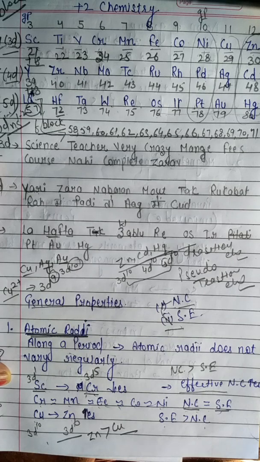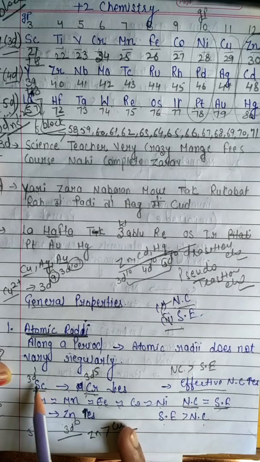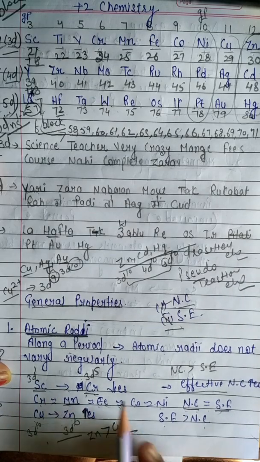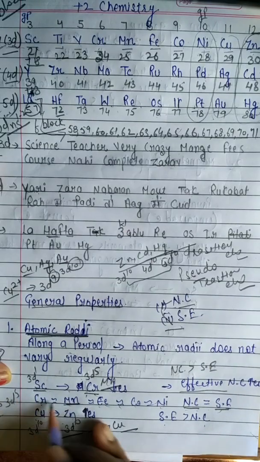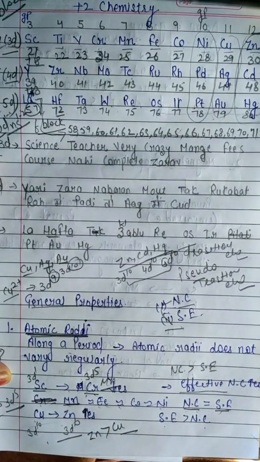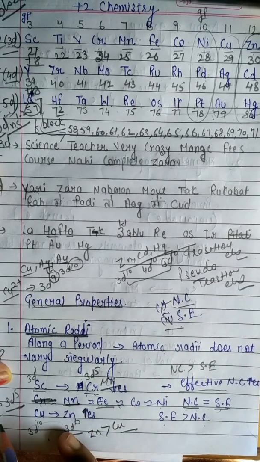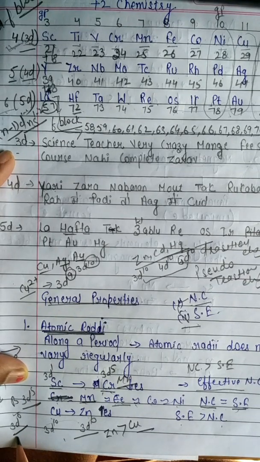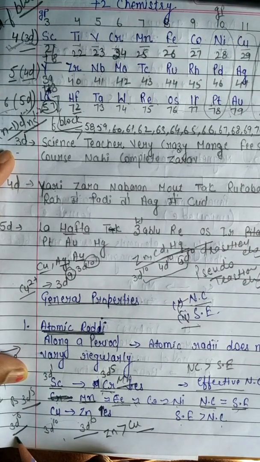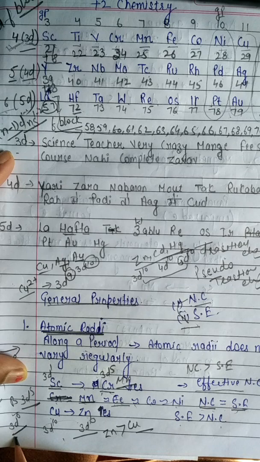Clear? Now, what is the screening effect? If we write the configuration up to manganese, then we have to fill 3d5. After that, in iron we have 3d6. In 3d6, pairing of electrons will start. When we fill the electrons, the pairing starts, and the repulsion of electrons will be there.